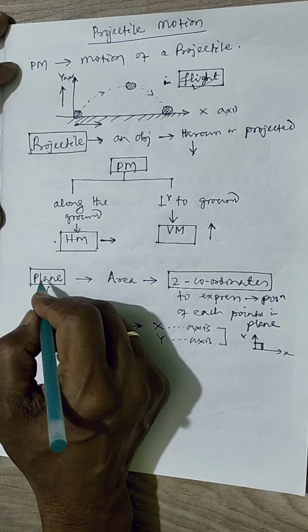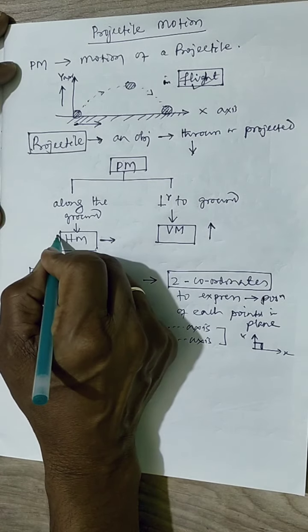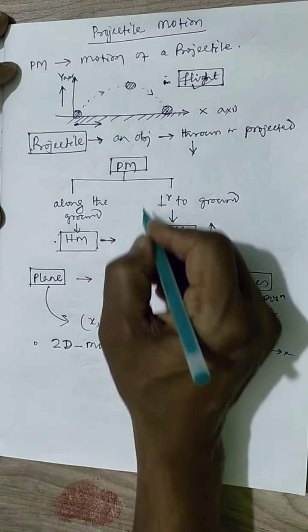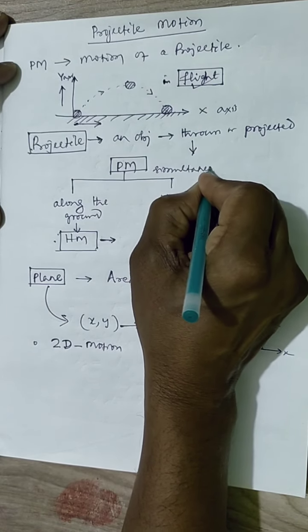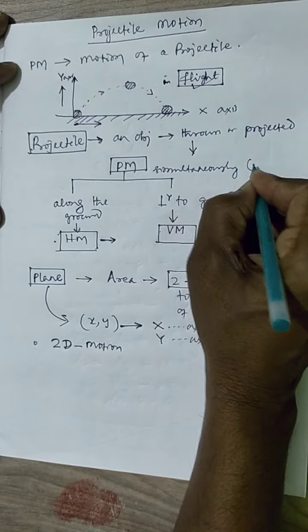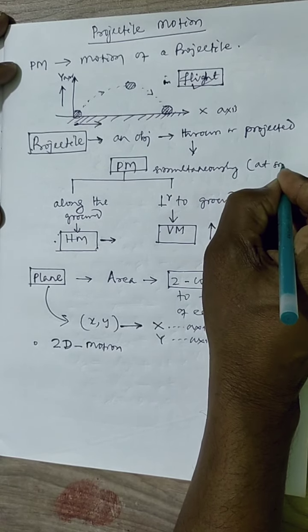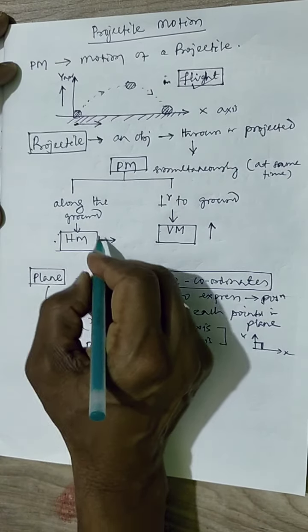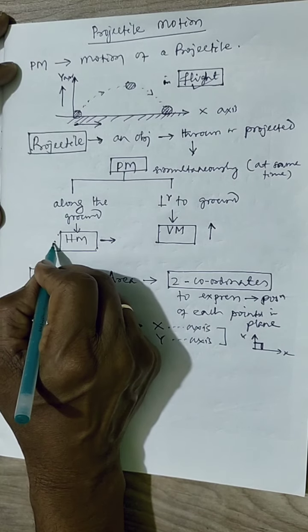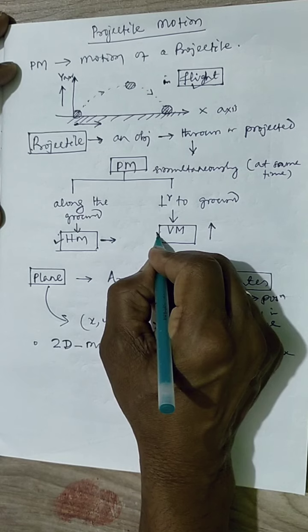Here we will have horizontal motion and vertical motion simultaneously. That means at the same time, it will have horizontal motion and vertical motion.